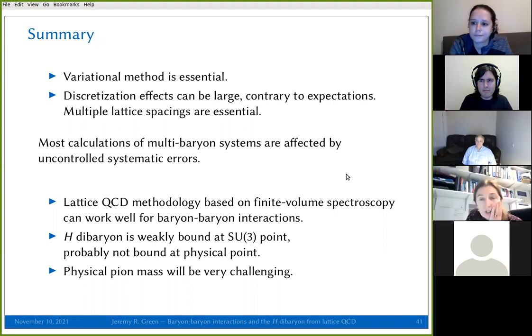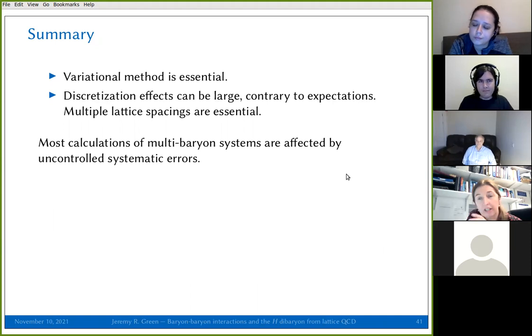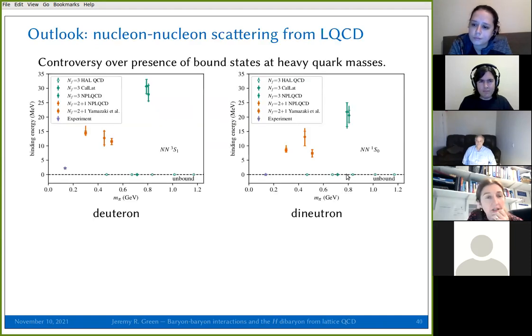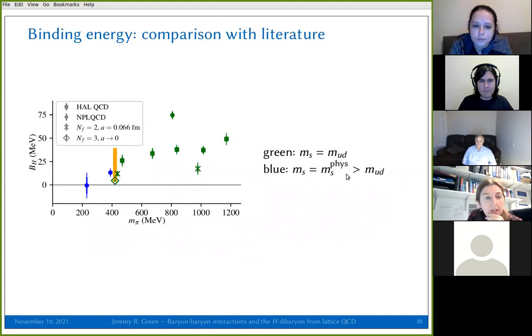Jeremy, can I ask, in your summary plot for the H-dibaryon, where you have your very nice precise result, you could argue that the NPL QCD result is consistent. I mean, they have very large uncertainties, especially at that lighter pion mass. What's the prospect for them shrinking the uncertainties? What's the dominant uncertainty, maybe, is the question.